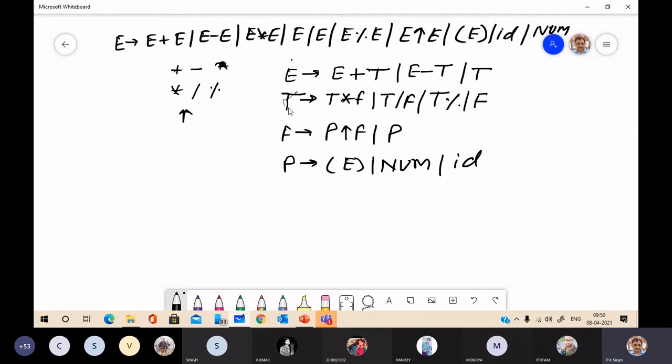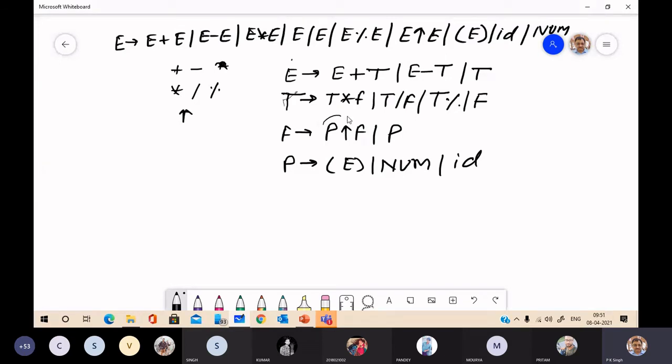You can perform the operation related to non-terminal T only if you have the value of F. So you have to do this operation after completing F. So it will ensure that this F has been generated or not.